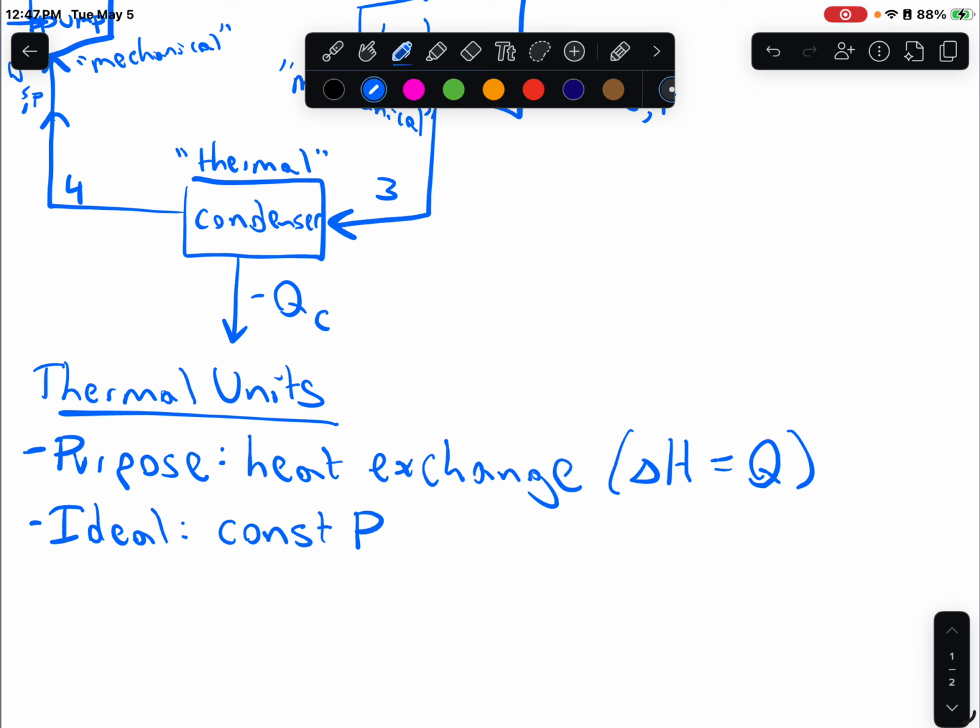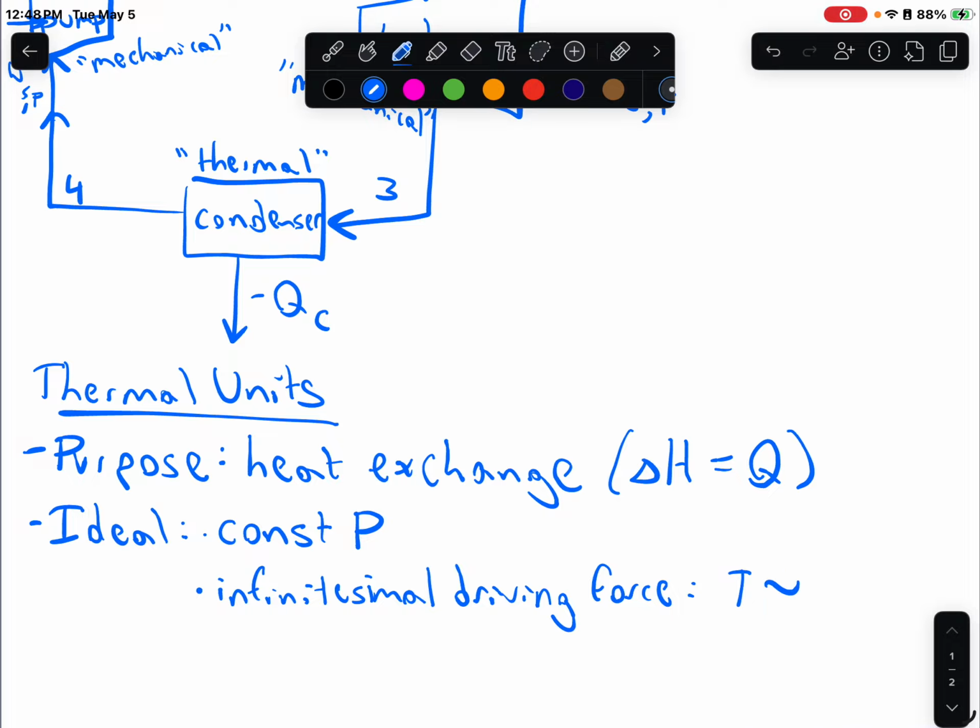We ignore any pressure required to get the system through, and infinitesimal driving forces. So the driving force that is most important is the temperature.